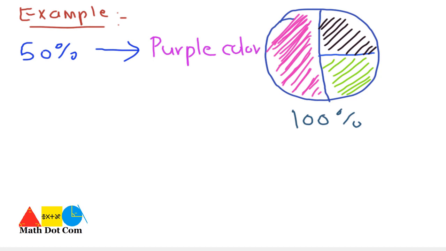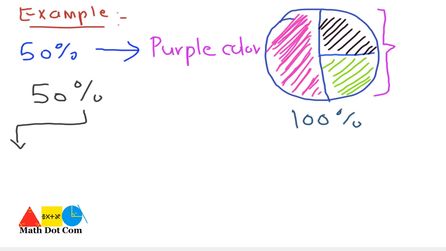And the remaining 50% of the portion is divided into two portions, and these are equally divided. So it means that 50% is purple color and the remaining 50 out of 100 is divided into two colors.